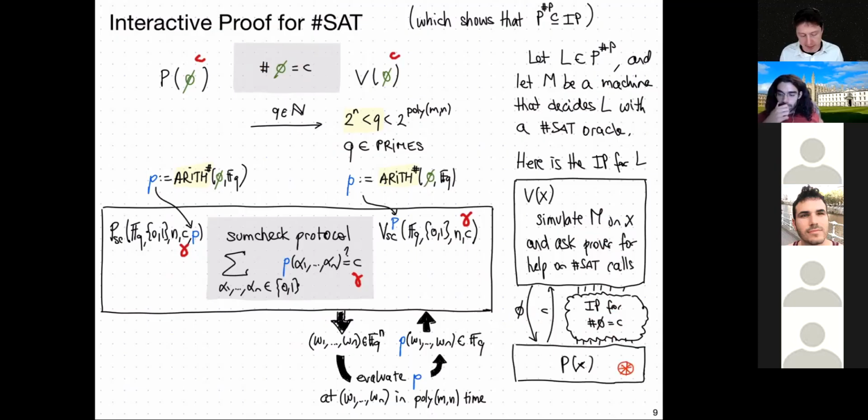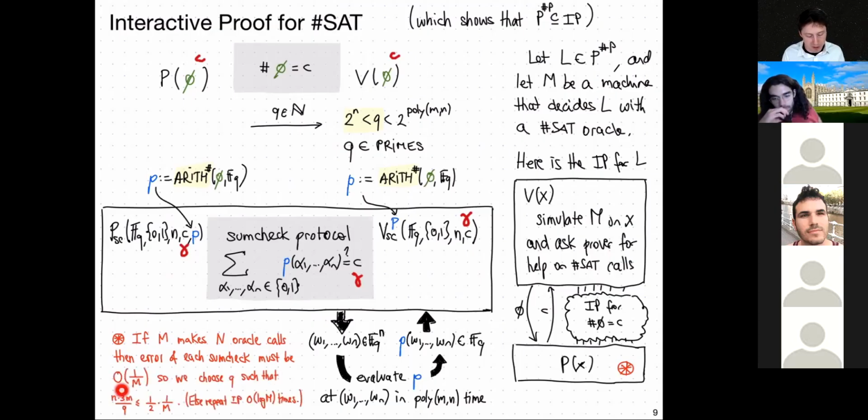There's one asterisk here: because you're doing this many times, some number n of oracle calls, you need to make sure that the error of each call is small enough so that you can afford the error in total. So you need to make sure that the error is on the order of 1 over n. Just make a note.